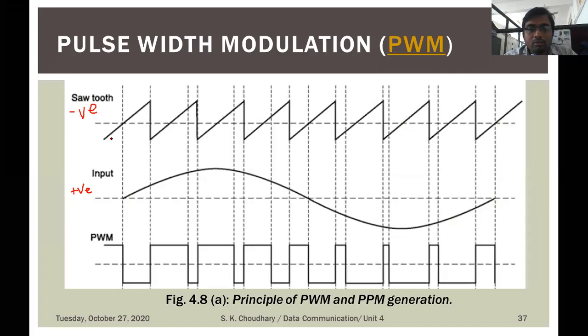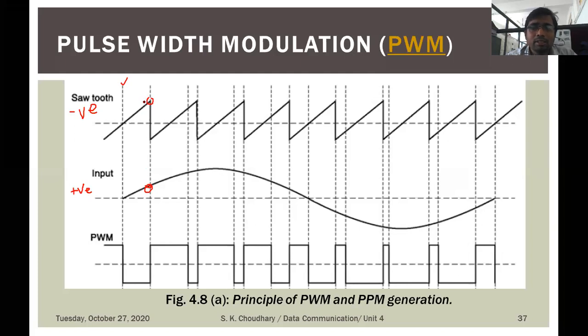When we start from this start point, the sawtooth signal is rising with a fixed slope, and its maximum value is greater than the maximum value of the input signal at that instant of time. Obviously, the sawtooth signal is larger, so the output depends upon the sawtooth wave signal.